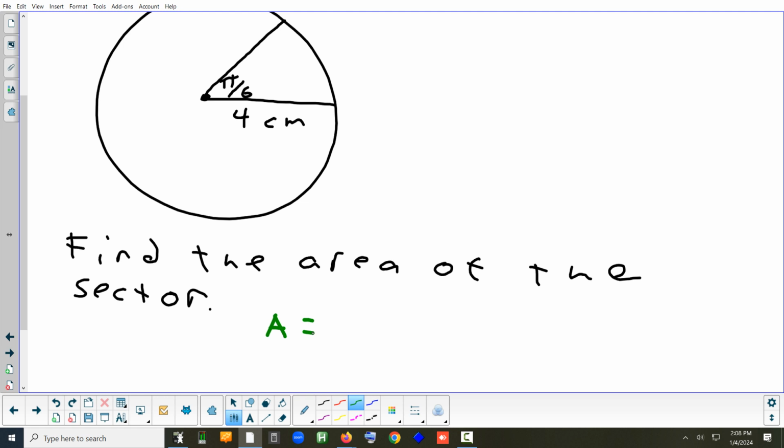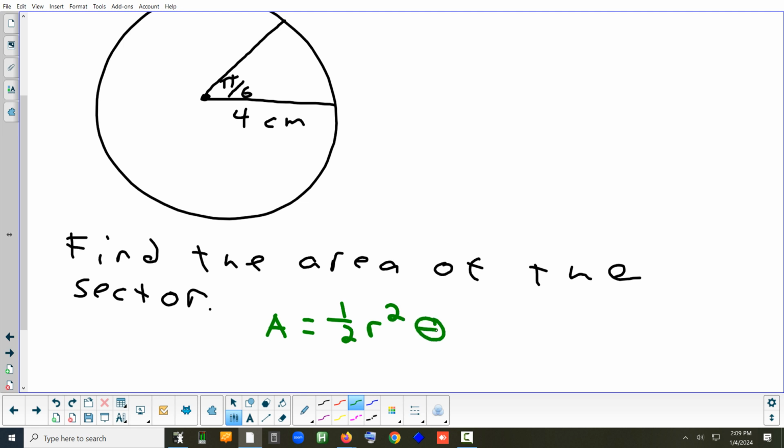What's the formula for the area of a sector? Do you know the formula for the area of a sector? 1/2 times radius squared times theta, the Greek letter. Yeah. So area is 1/2 r squared theta.